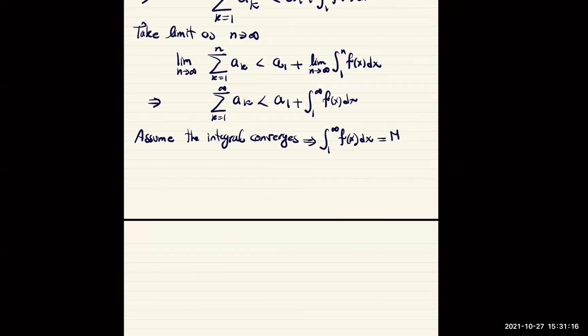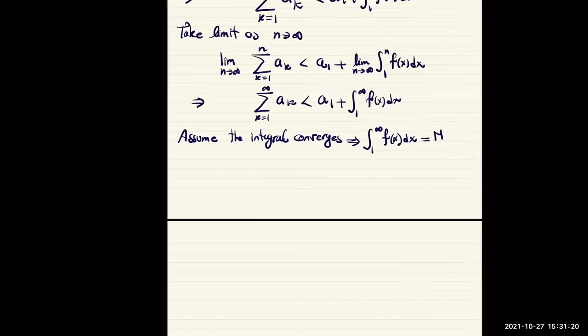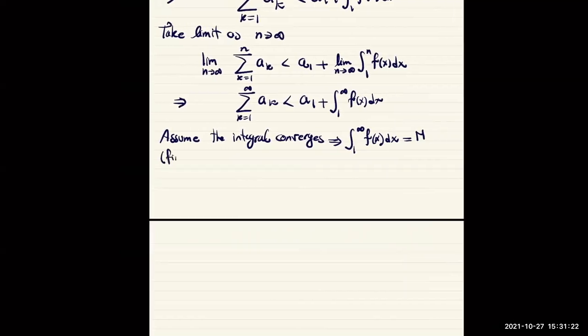M is just some finite constant. So what we get here is the series, k from 1 to infinity of a sub k, being less than a1 plus that number m.